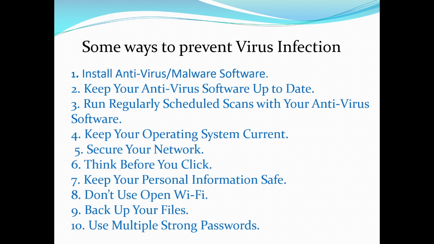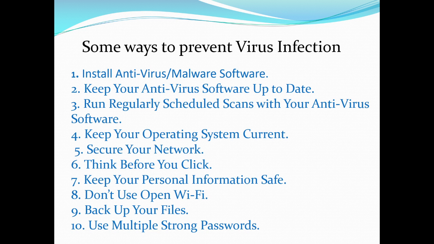Some ways to prevent virus infection are: number 1, install antivirus or malware software, which will help protect your system against viruses. Then keep your antivirus software up to date. That means you must update your antivirus timely. Then run regularly scheduled scans with antivirus software. Next is keep your operating system updated or current.